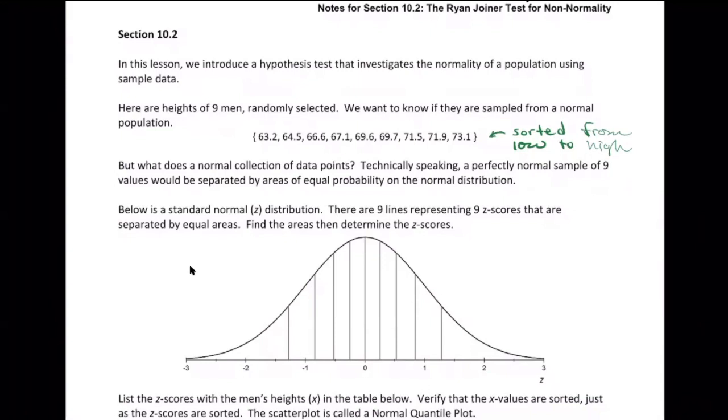So let's keep going. It says, but what does a normal collection of data points look like? Okay, technically speaking, a perfectly normal sample of 9 values would be separated by areas of equal probability on the normal distribution.